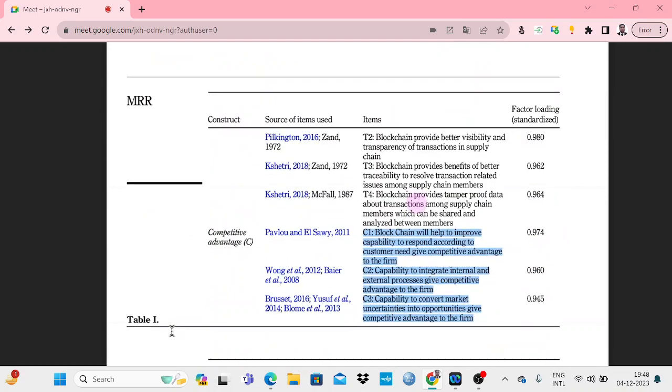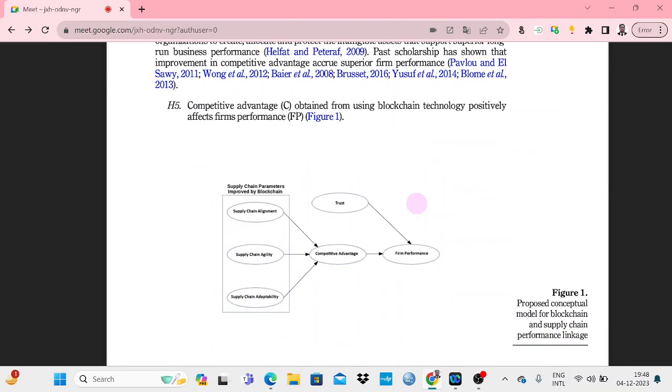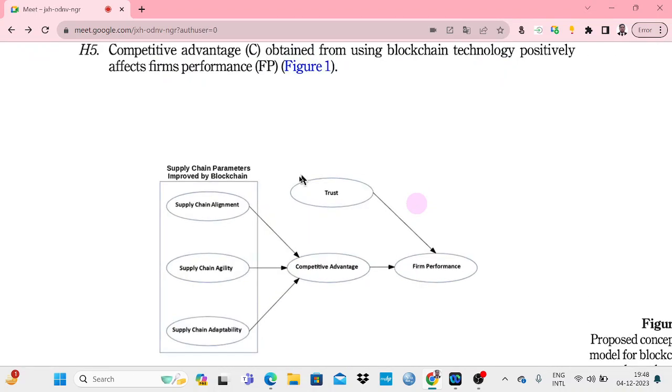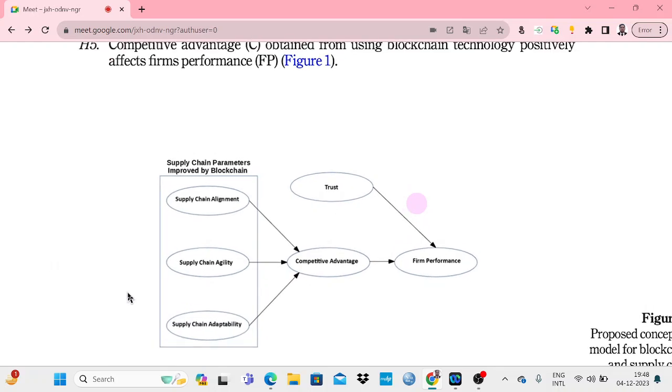And now we want to test this model. In cases where you have variables which are measured by lots of indicators or items, and you want to test a causal structure like this, structural equation modeling is the most useful tool.